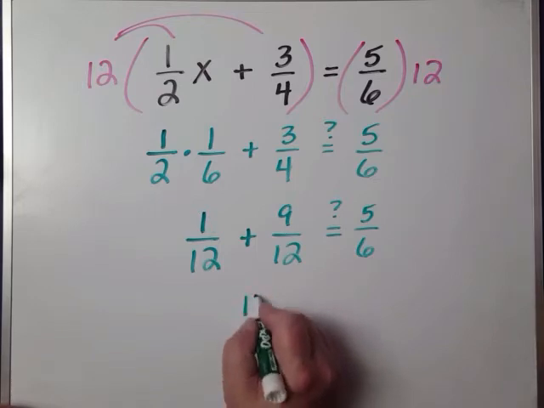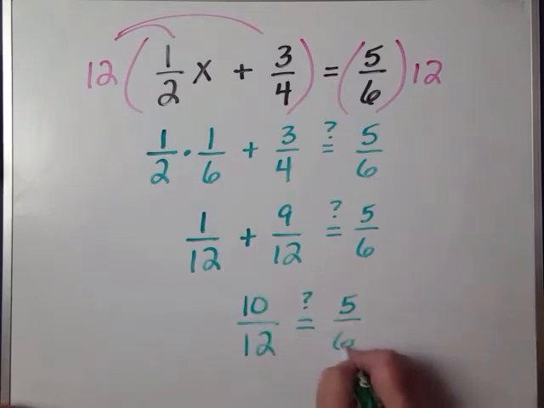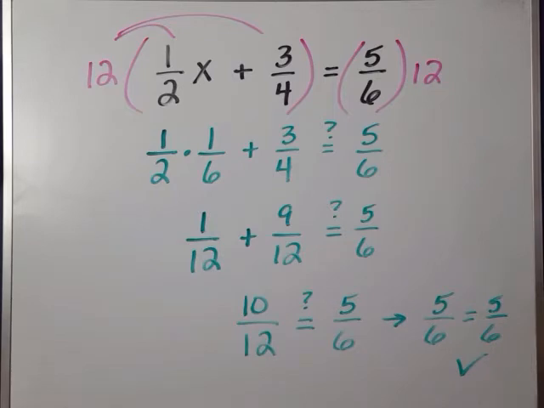That's a total of 10/12. And 10/12 reduces to 5/6. And so that checks. I don't usually insist that we check our solutions, but in this section we're going to find that checking our solutions is actually part of working these problems.